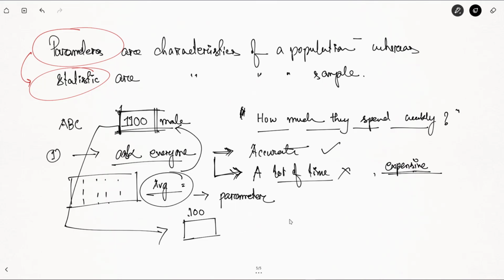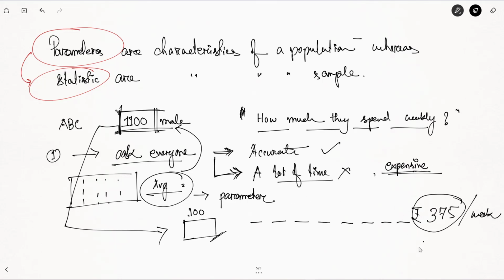You visit these 100 students, ask them the question, and note down their answers, right? From these values you can calculate the average value. Let's say the average value is 375 rupees per week.